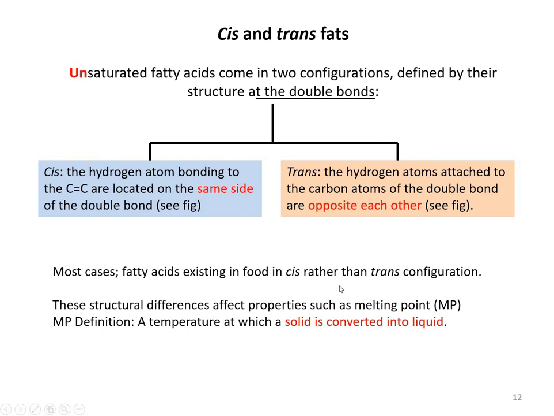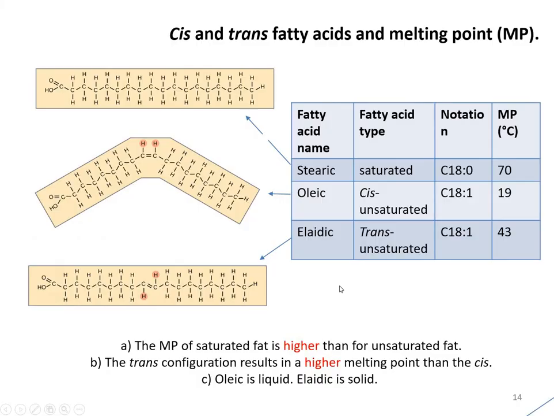It is when you process it that it becomes trans. And then finally, because oleic is a cis, the melting point is lower. It is more liquid-like compared to elaidic, which is now a solid in terms of state or condition at room temperature.